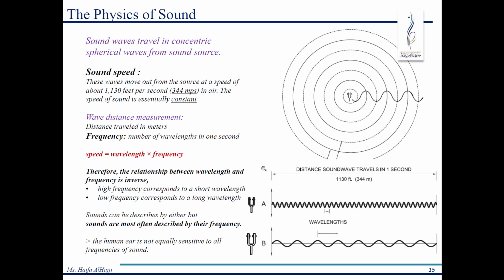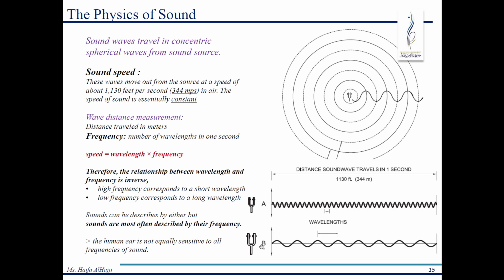For example, as we can see here, these two different sounds are traveling for 1 second. In 1 second, the sound travels around 344 meters. As we can see, sound A has a very short wavelength, so it has more waves in 1 second.